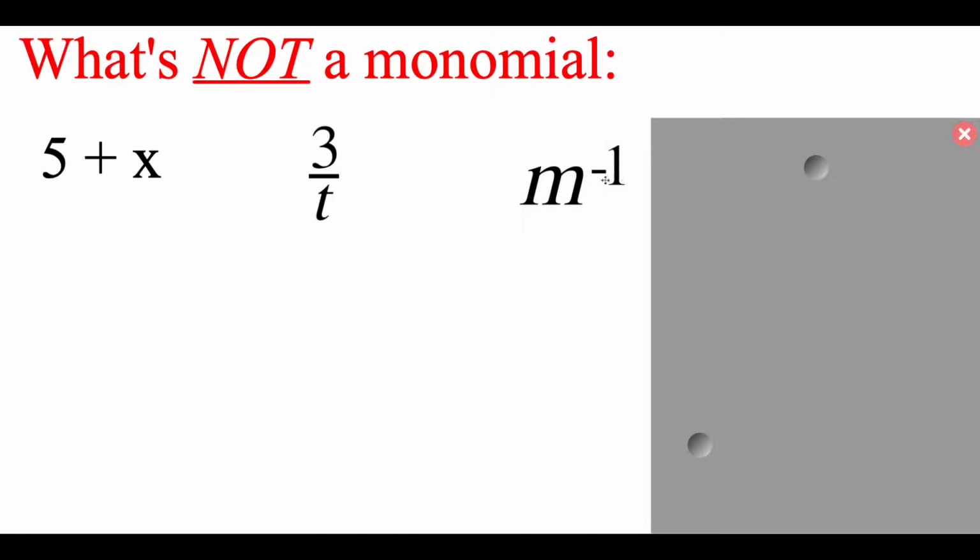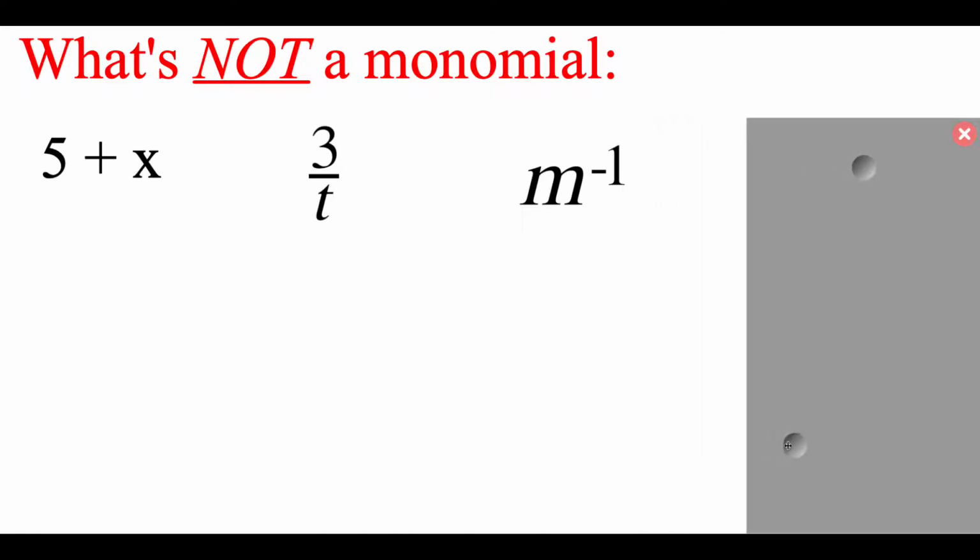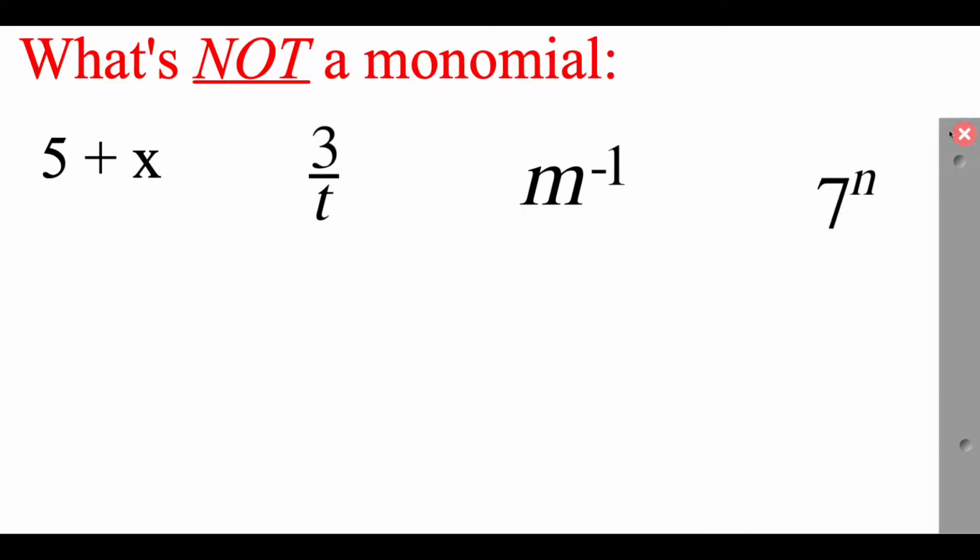So having this negative first exponent on here makes this one not a monomial. And also, when we're talking about exponents on things, we also don't want to have variables as an exponent. So you're only allowed to have number exponents, and like we mentioned before, those numbers have to be positive numbers. So all of these are different examples of things that are not monomials.